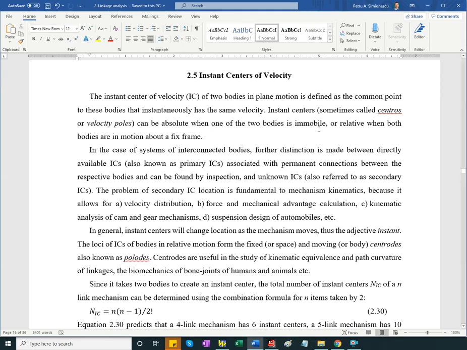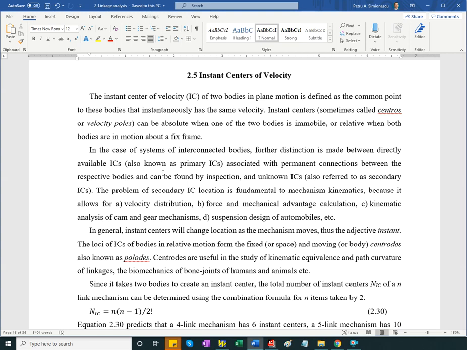Okay, so how do we find the instant center? It's a point that is common to 2 bodies in relative motion. One of them could be stationary or both could move, and it does not have to physically belong to the body.